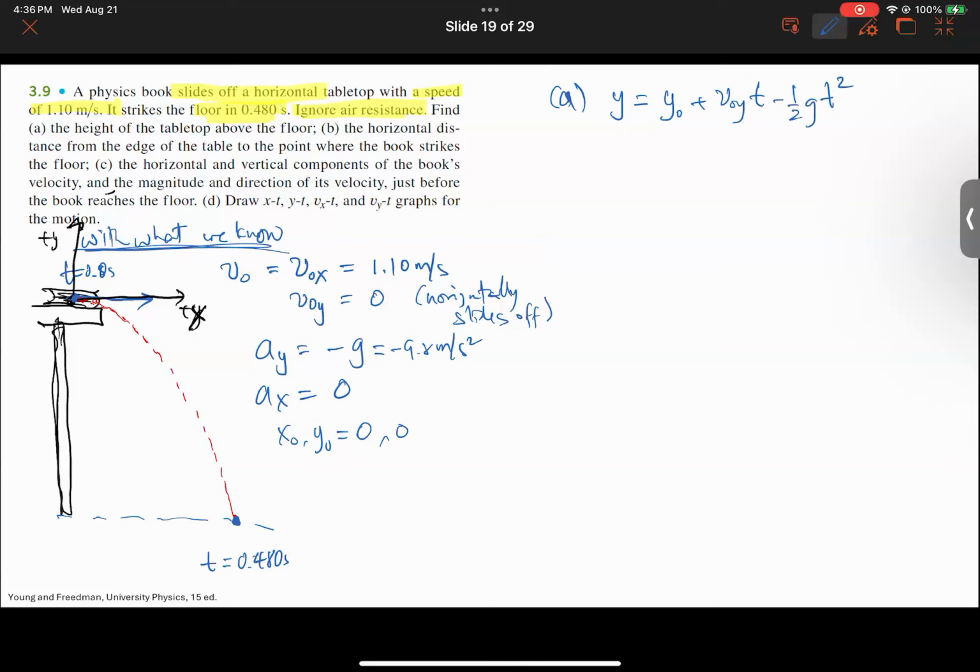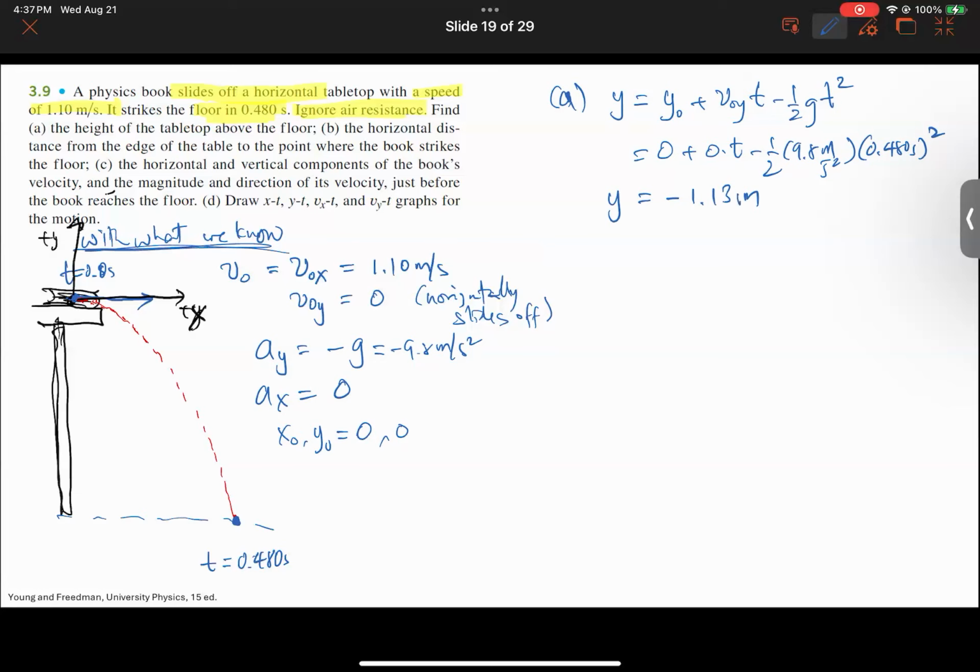Okay. So anong makukuha natin dito ngayon? So if we put the given, 0 plus v naught y is 0, okay, times t minus 1/2 times 9.8 meters per second squared times 0.480 seconds squared.